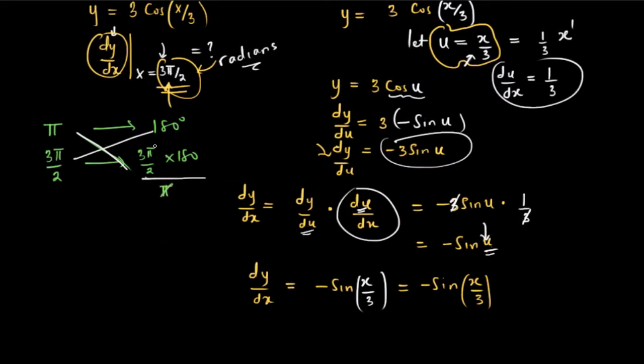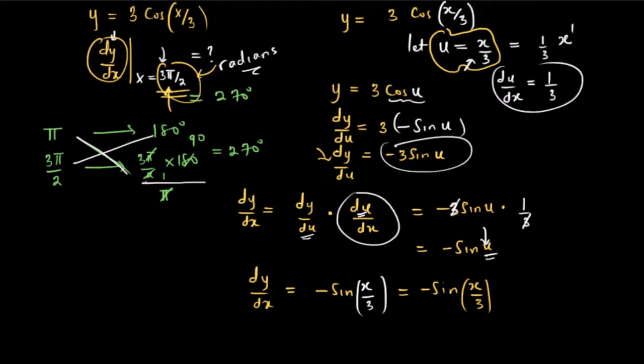Pi cancels pi, and you are left with 2 in 180, which is 90, and 3 times 90 gives you 270 degrees. So x equals 3 pi over 2 is equivalent to 270 degrees.